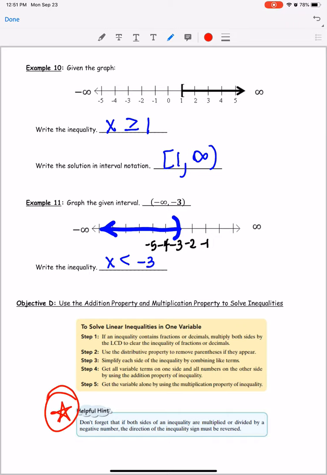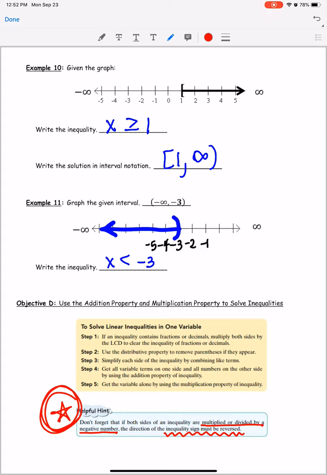except for this one change. It says, don't forget that if both sides of an inequality are multiplied or divided by a negative number, then the direction of the inequality symbol must be reversed.